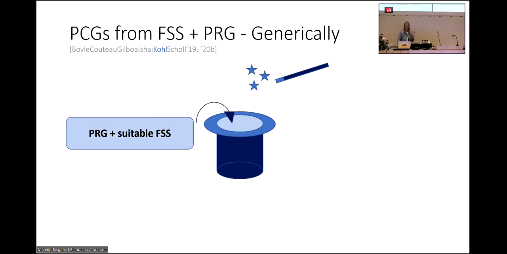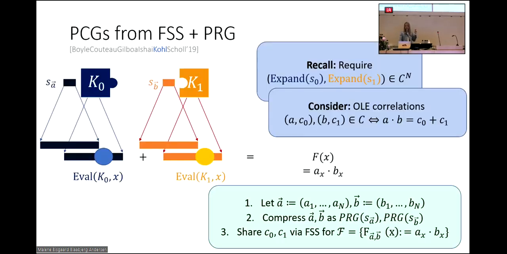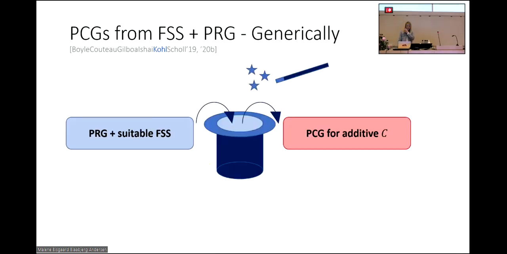And so to recap, what we have is we take a pseudorandom generator, we take a suitable function secret sharing scheme. So we need a function secret sharing scheme for this class here on the right. And we get a PCG, and I showed it for OLE, but basically for all kinds of correlations that have this additive structure on the right-hand side, can also be higher degree correlations. That of course affects the FSS, but let's ignore that for now.